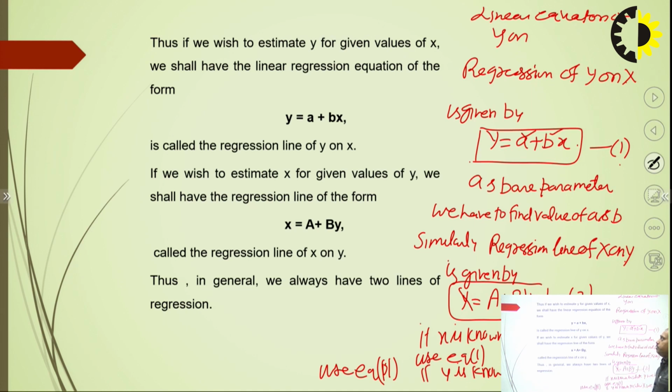Then we establish the relation y is equal to a plus bx, the regression line of y on x. If y is known and we calculate the value of x, then we establish the relation x is equal to a plus by, where a and b are parameters and we have to find the value of x.